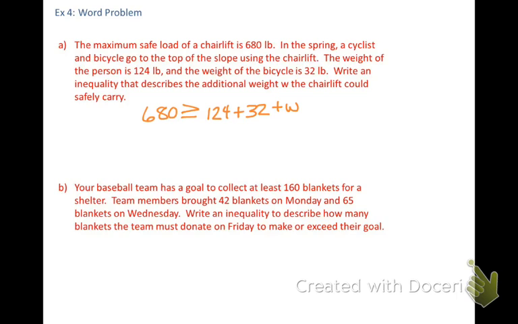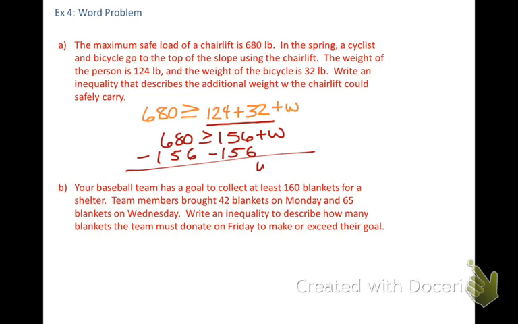So here's your formula. 124 plus 32 is 156, plus W is less than or equal to 680. Subtract 156 from both sides, and your answer is 524. So you can have 524 or less on there.